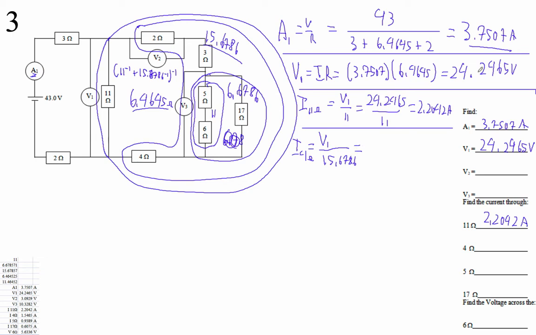So that equals, V1 is 24.2465 divided by 15.6786. Let's find that. There it is. I'm getting that that is equal to 1.5465 roughly amps.